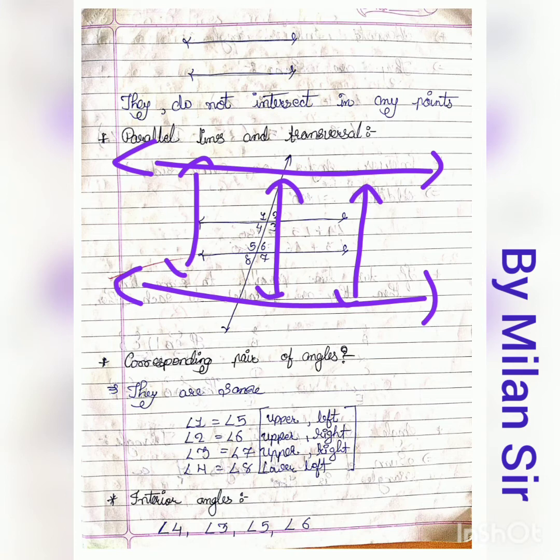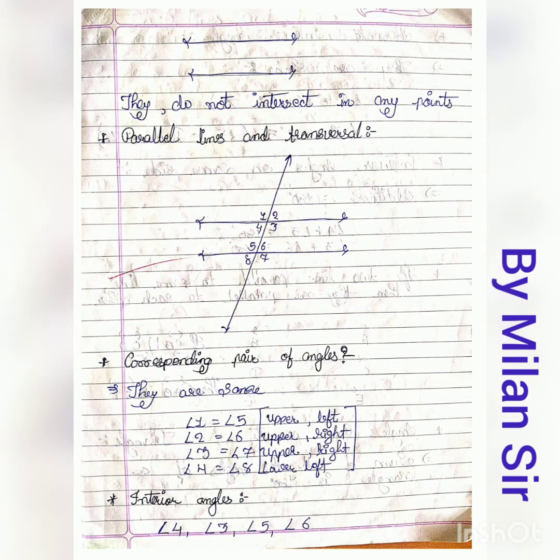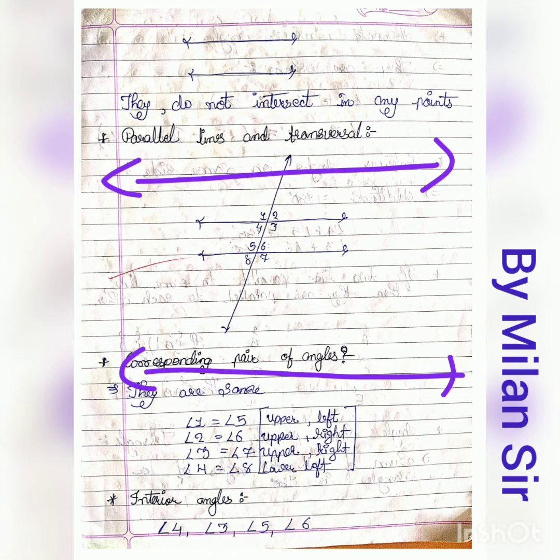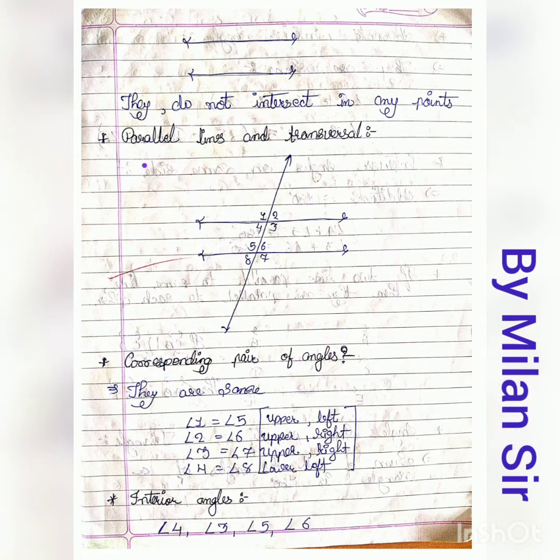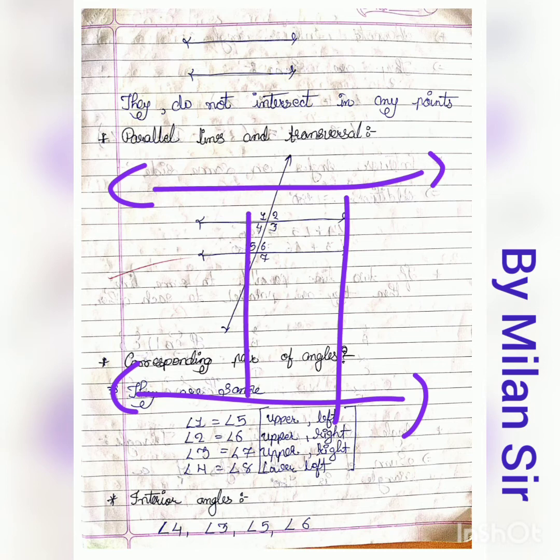If two lines are parallel, they do not intersect anywhere, and the perpendicular distance is fixed. That means the perpendicular distance is equal at every point. So again, parallel lines do not intersect and the perpendicular distance is equal.